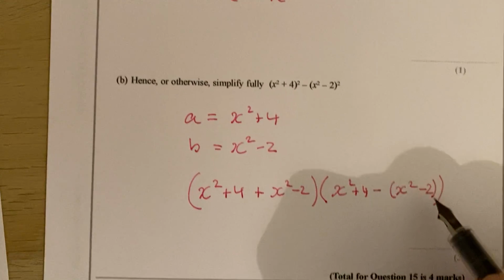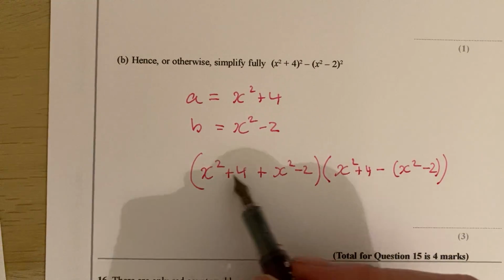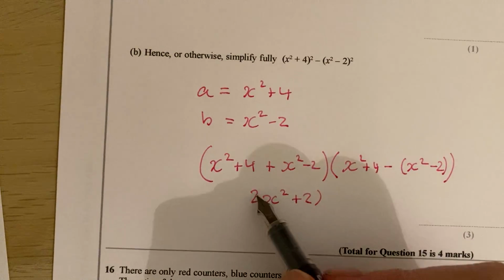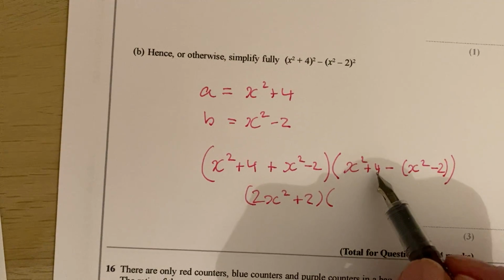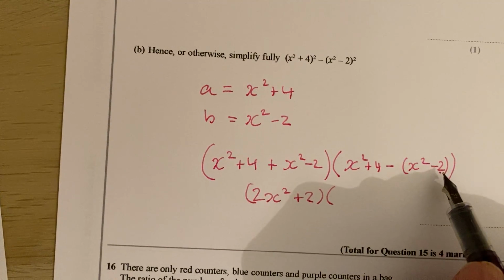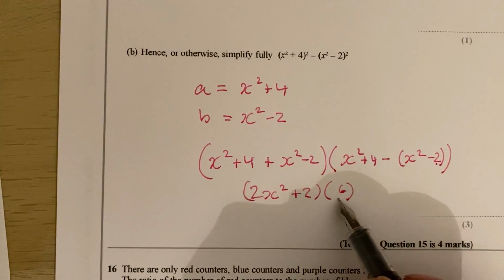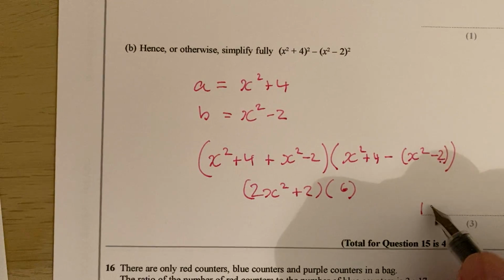Just be careful of all the brackets and of the minuses. So on this side, I get 2x squared plus 2. On this side, those x squareds cancel out, and I get 4 minus 2 minus, so 4 plus 2 is 6.